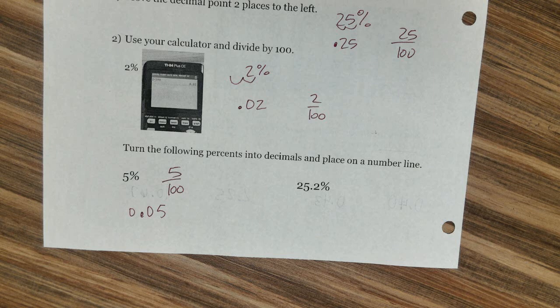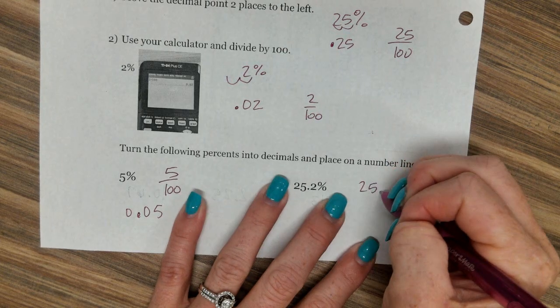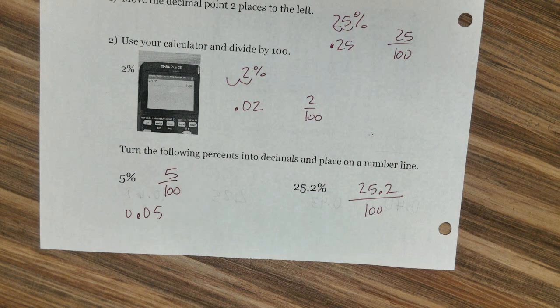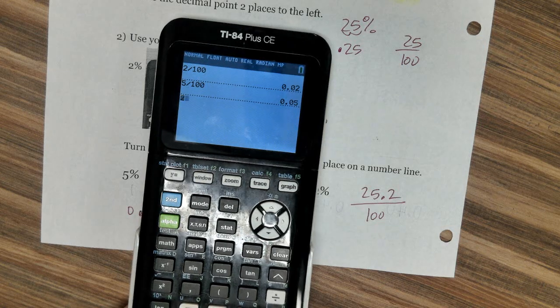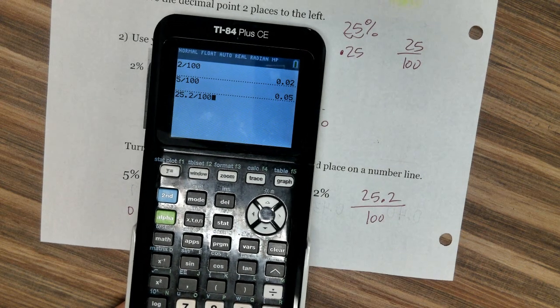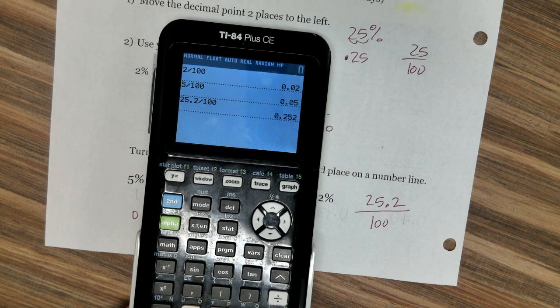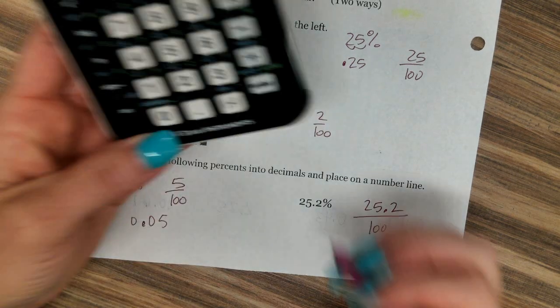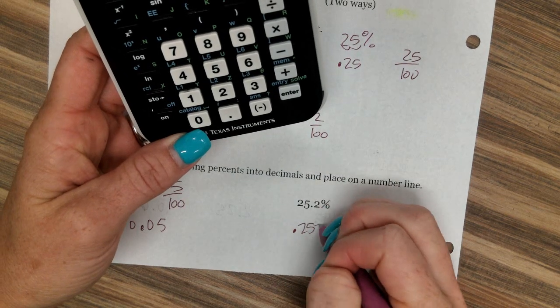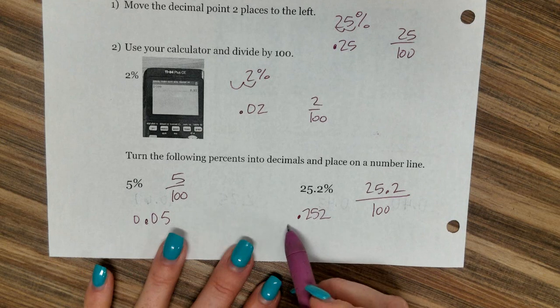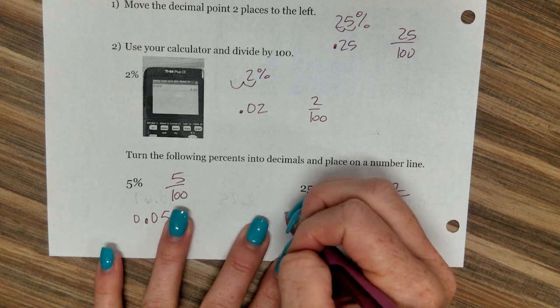It's a percent. You've got to put it over 100 to get rid of the percent sign. So I say, okay, well, what is 25.2 over 100? So I go on my calculator. 0.252. Now, we're not going to round that. We're just going to leave it. 0.252. What could go in the ones place? A 0.